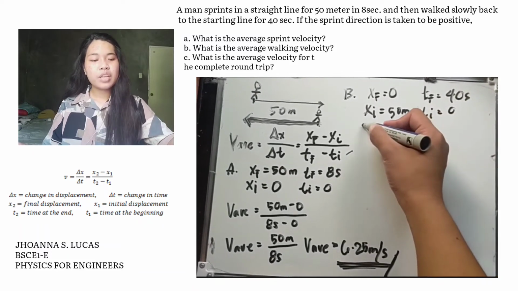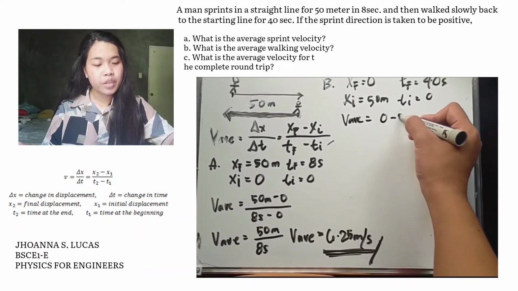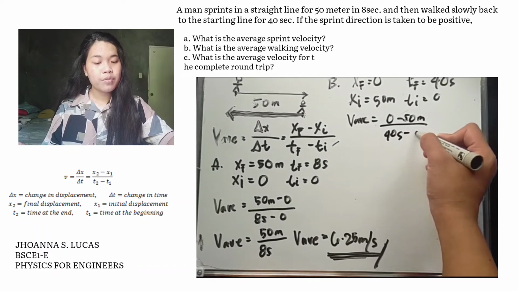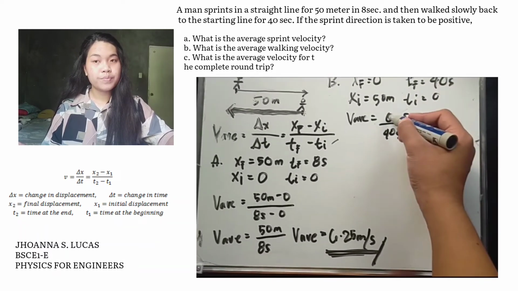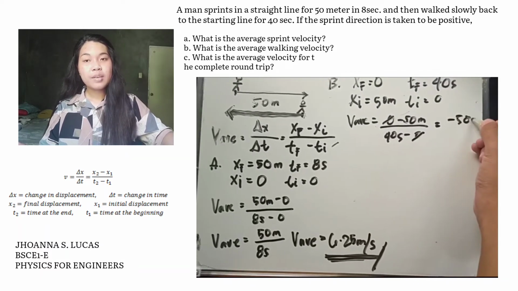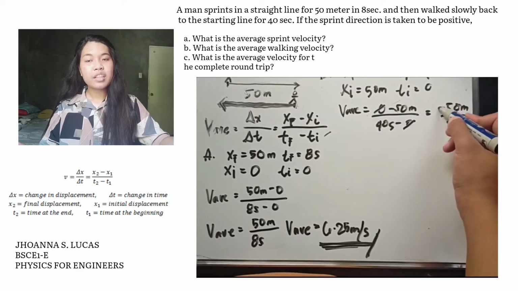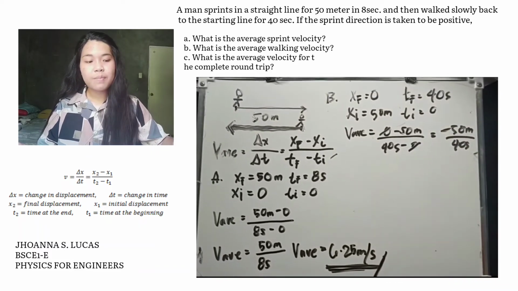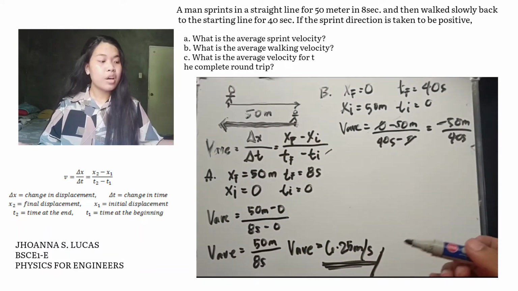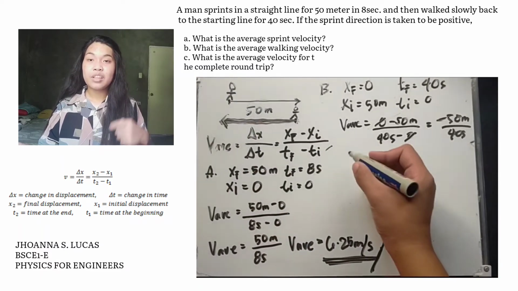So, plugging it into the same equation as the first one, it will be 0 minus 50 meters over 40 seconds minus 0. We will remove now the 0. So, it will be negative 50 over 40 seconds. We were expecting a negative answer here because the man is slowly turning back, going to the left side of the origin.